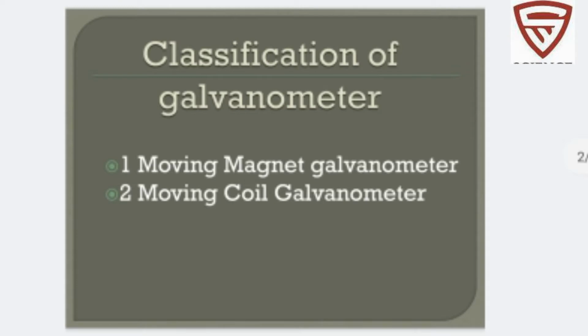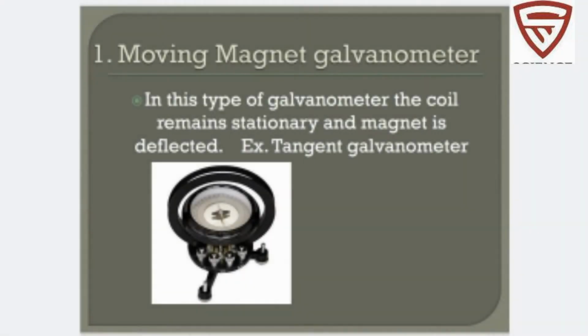First is the moving magnet galvanometer and second is the moving coil galvanometer. In a moving magnet galvanometer, the coil remains stationary and the magnet is deflected. One example is the tangent galvanometer.